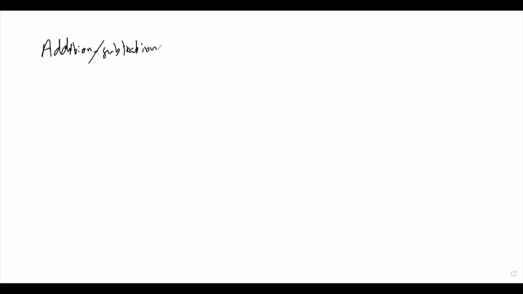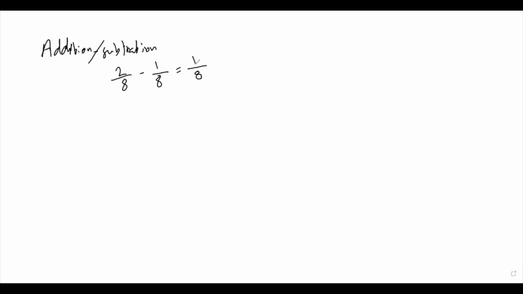So, for example, 2 over 8 minus 1 over 8, you just go ahead and write the denominator, which is 8, and then subtract the numerators, and the answer would be 1 over 8, right?